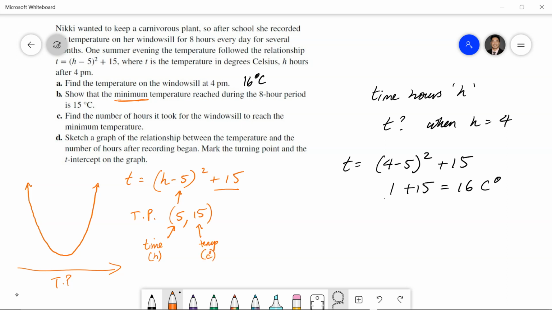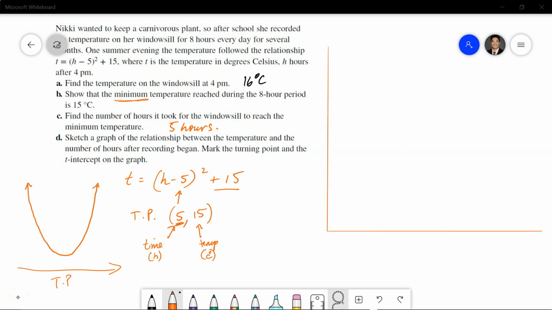Okay, so the next question, part C, find the number of hours it took for the windowsill to reach the minimum temperature. Well, we can see that it's going to be 5 hours. So we'll put 5 hours here. And then sketch the graph of the relationship between the temperature and the number of hours after the recording began.